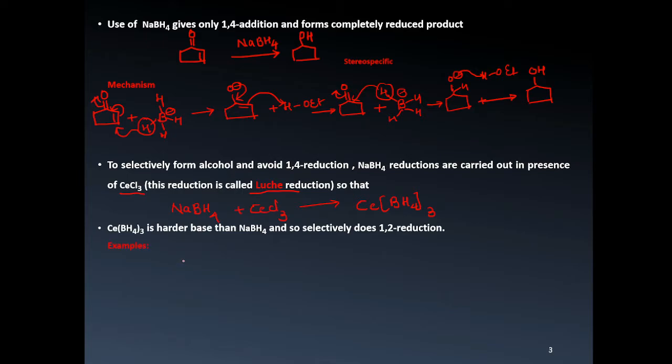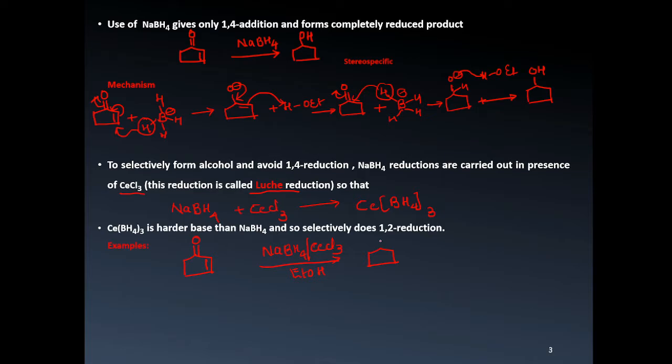Examples: say in presence of sodium borohydride and cerium chloride and ethanol, it reduces the 1,2 positions.